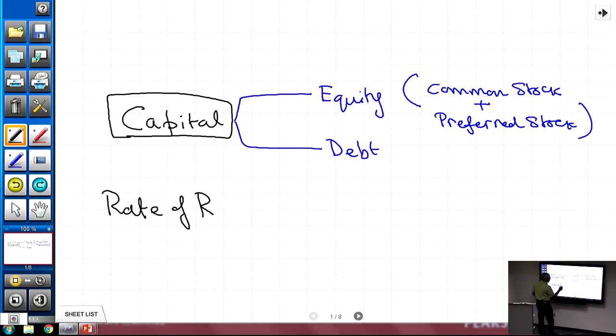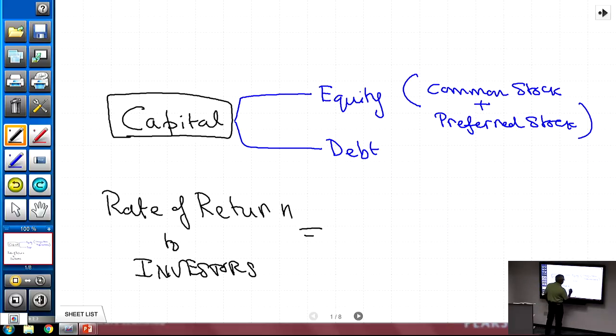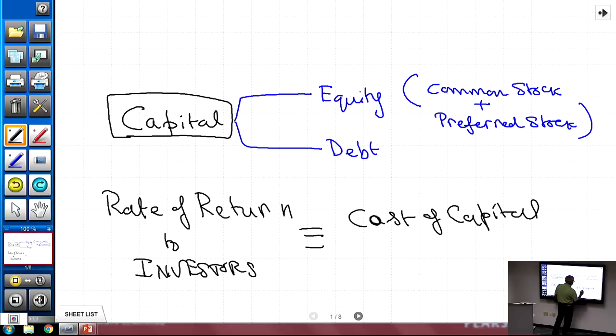So rate of return to investors is equivalent to the cost of capital to the firm. Not exactly equal, but equivalent. We'll see why it is not exactly equal later.